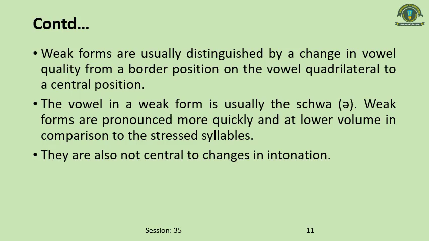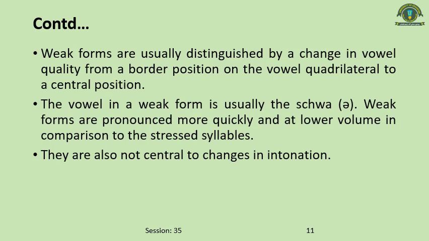The vowel in a weak form is usually schwa. This is what I am saying. If there is a word, for example, particular, this is what mostly the people say, particular. But the exact pronunciation of this word, when you are applying weak form, is particular.